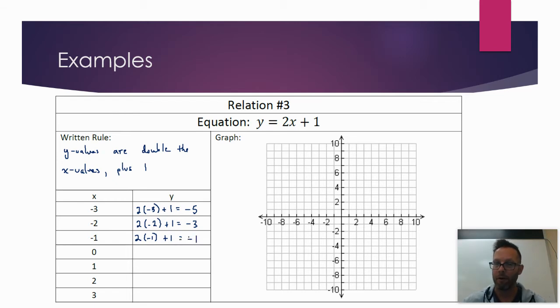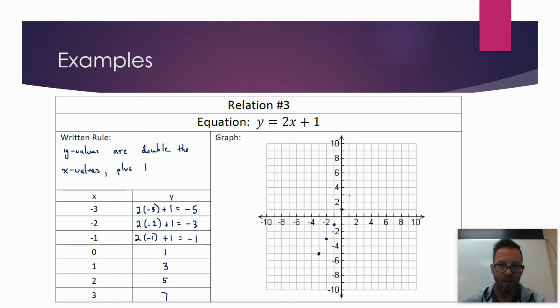And there's a pattern here. These values are increasing by 2. We're going to get 1, 3, 5, and 7. And if I plot these points, (-3, -5), (-2, -3), (-1, -1), we definitely get a pattern.